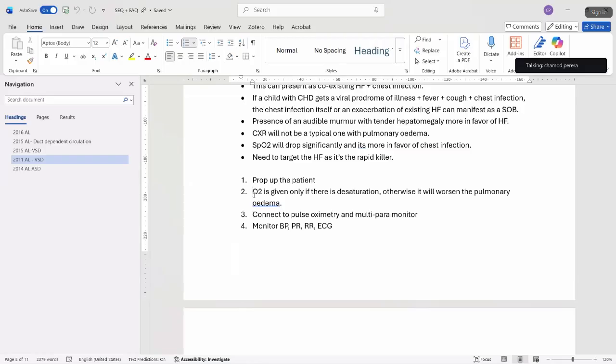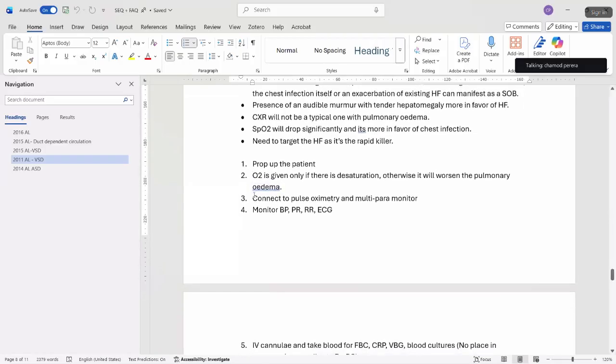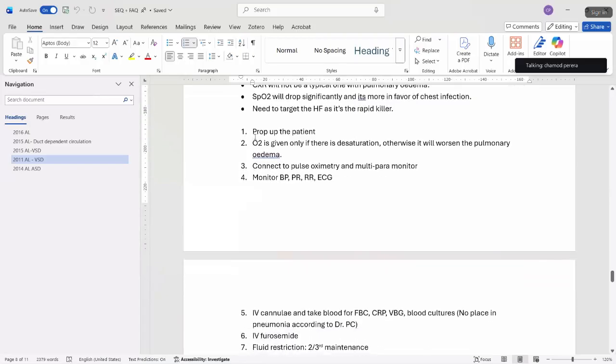That can worsen the pulmonary edema and thereby the shortness of breath and also desaturate the patient. So that is tricky, and according to the given scenario you have to decide whether to give oxygen or not to the patient, right?